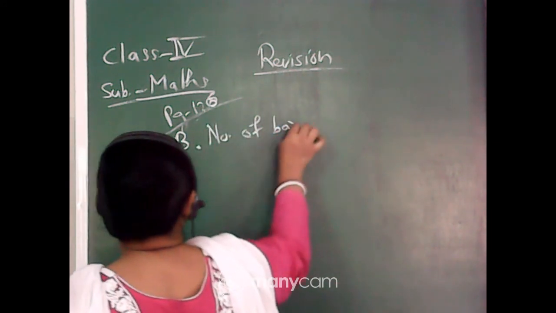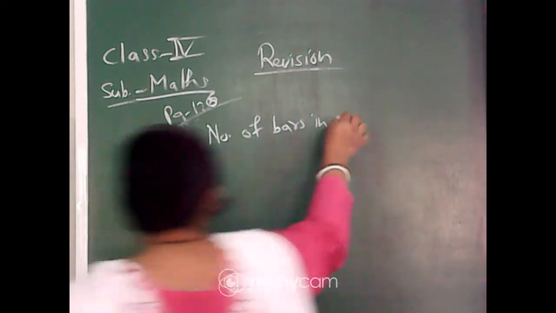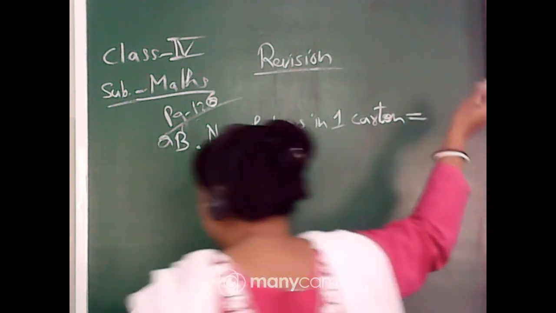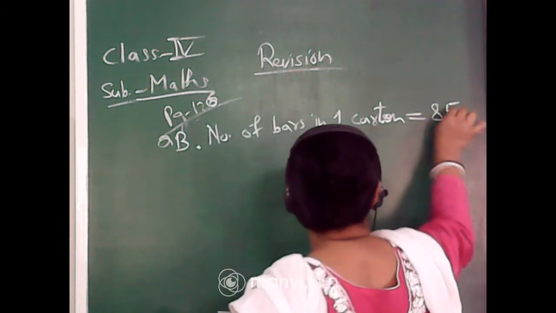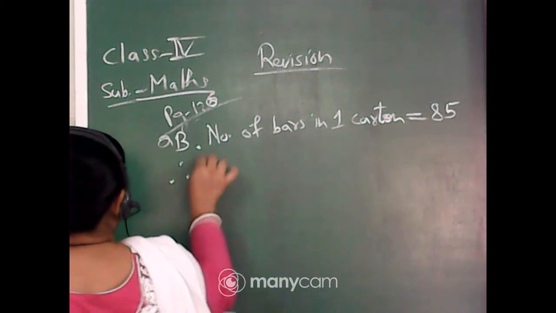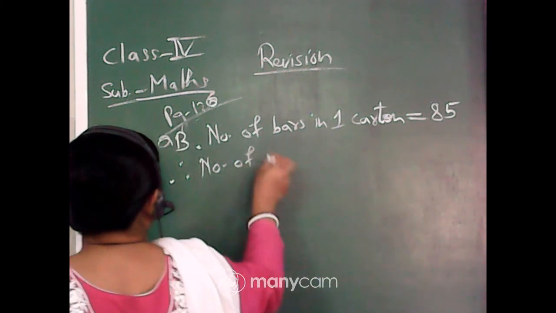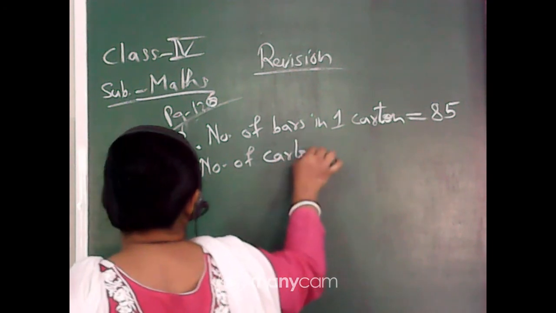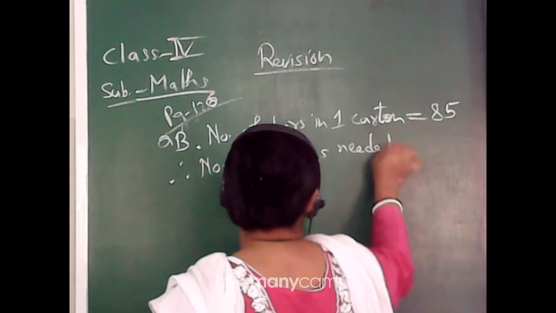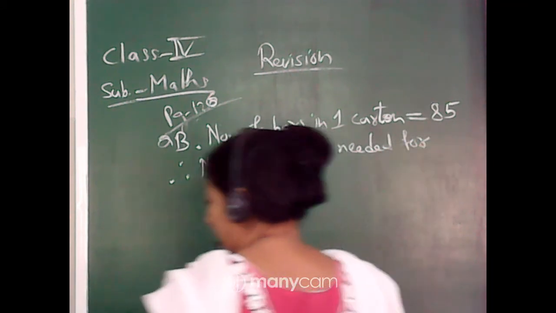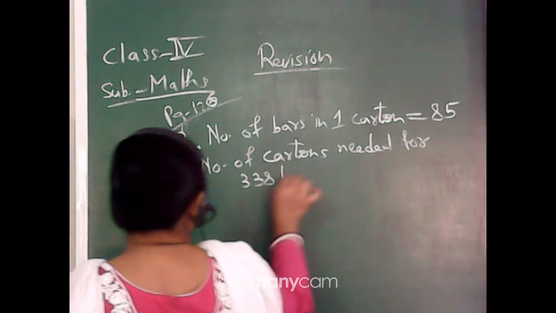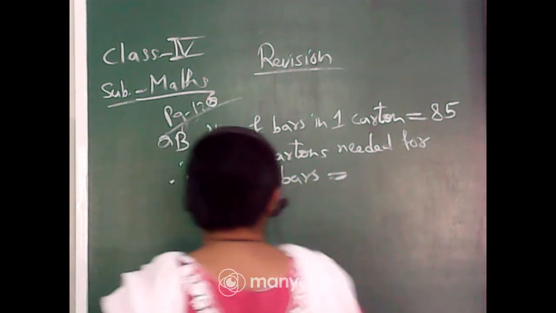Number of bars in one carton is equal to 85. Therefore, the number of cartons required for 338 bars, you will divide it.